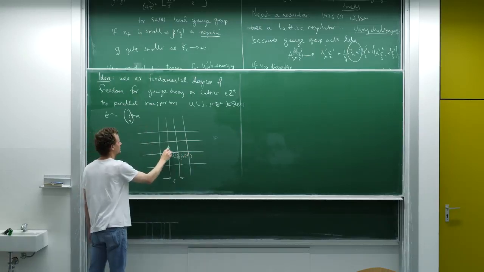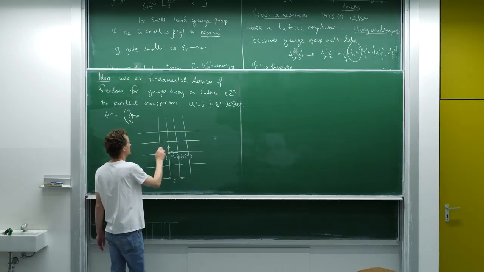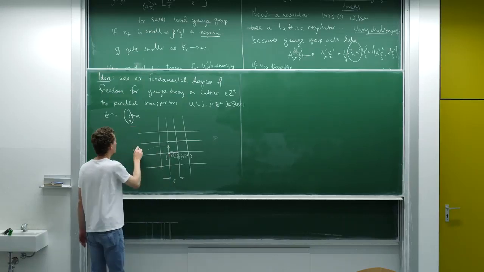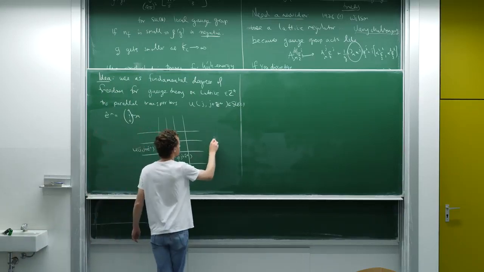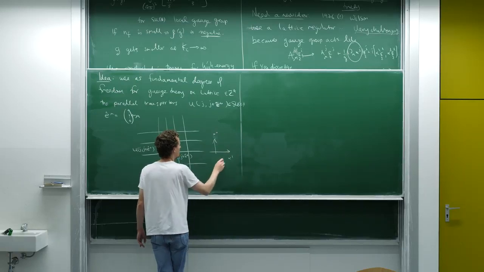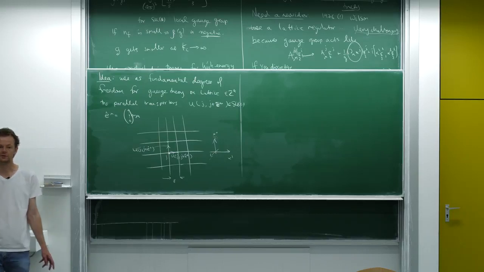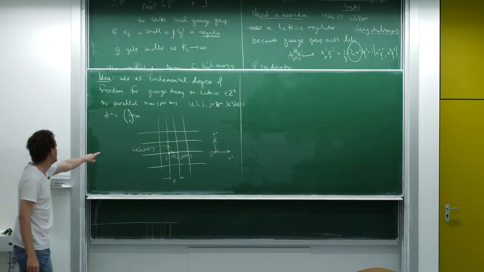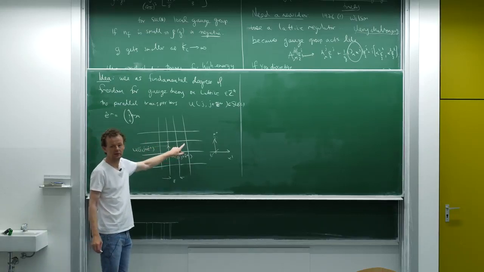And then there's also a parallel transporter that tells you how to get from there to there. And that's U from j to j plus the 0 direction. This is time, this is space. So the fundamental degrees of freedom of a lattice theory that's meant to be gauge invariant should be parallel transporters that take you one lattice cell across.